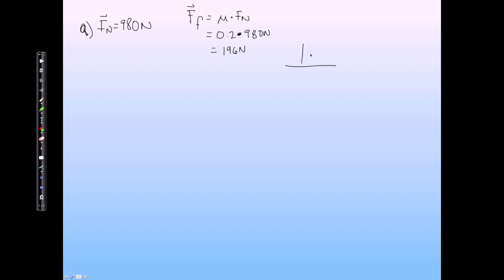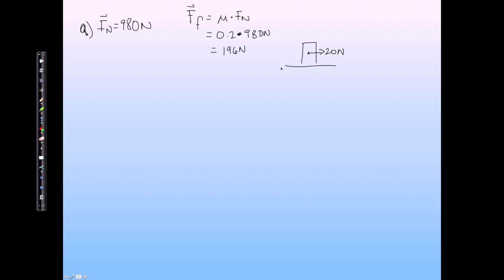Here's a flat floor and the box. And let's say that you were pushing with only 20 newtons of force. Now, anywhere up to a push of the maximum force of friction, so you can push anywhere up to 196 newtons, this box won't move.